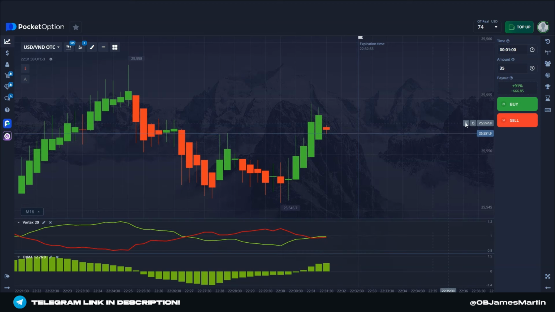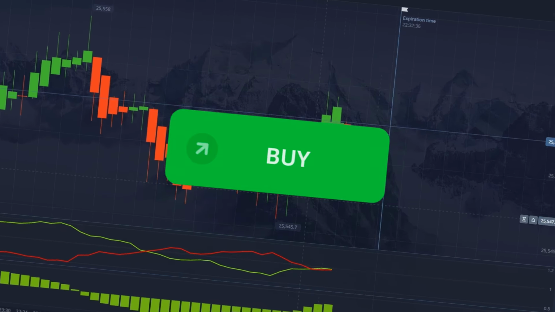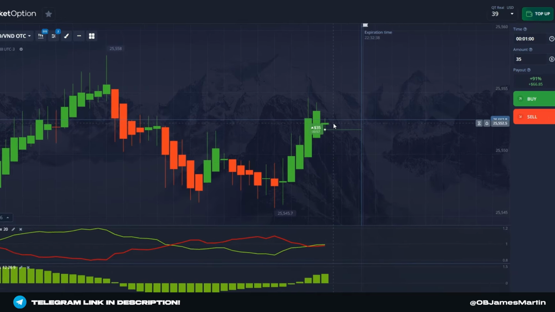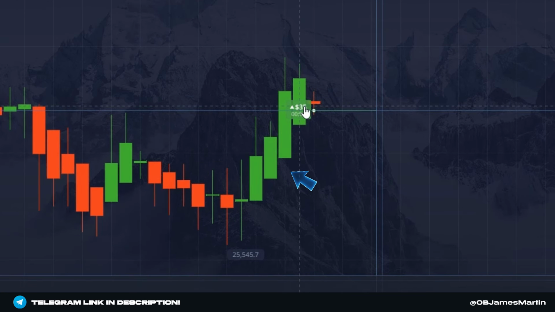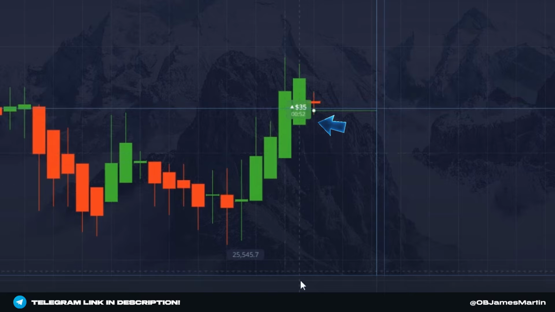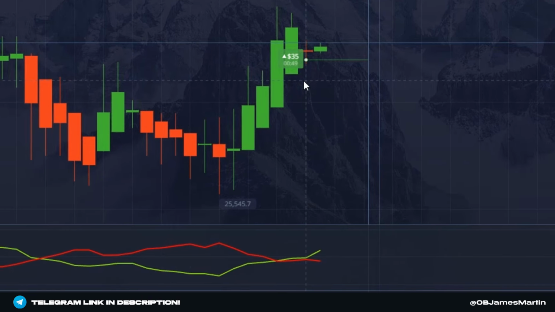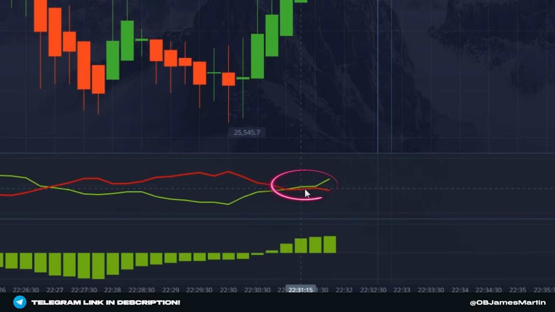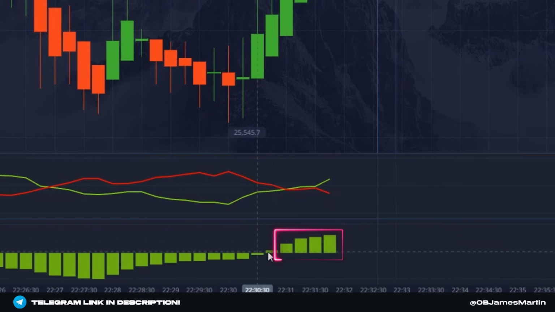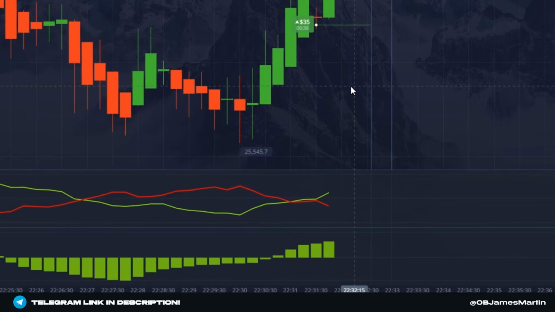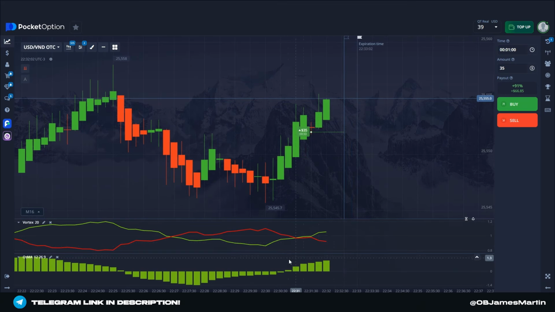So there's finally another one, guys, and look at that. Let's enter a buy trade right here right now. So guys, the first thing we consider before I enter a trade is the candlestick movement. You can see right here we have a very strong candlestick lined up on this particular level. And look at the OSMA. Not only that, you can also see the vortex indicator intersects right on this particular level, and the OSMA candles, as I said, give a very good indication to enter a trade. My advice on the timing of the trade is to enter whenever the OSMA candle is pretty much stronger.